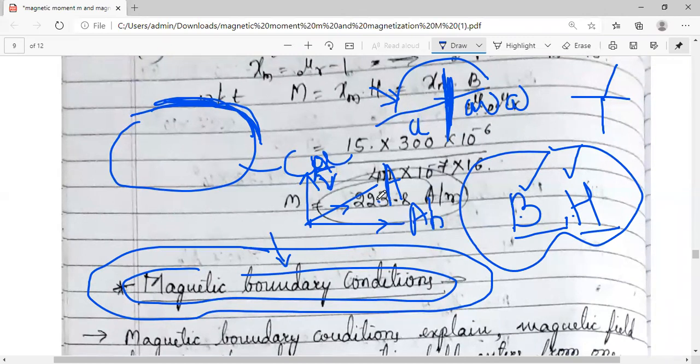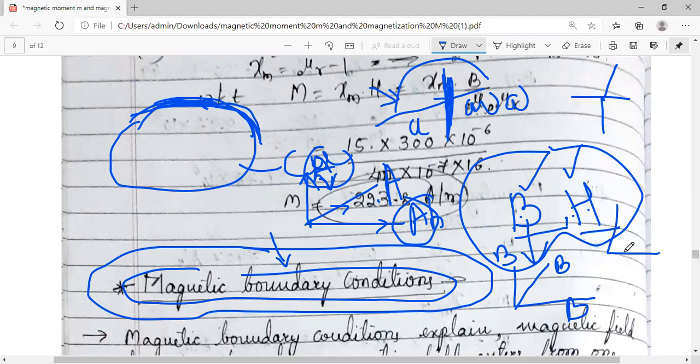So any vector can be resolved into two components, horizontal and vertical. In a similar manner, whenever such fields appear across the boundary of any magnetic material, B will also have two components. B is a vector, okay, it will have its horizontal component and vertical component.